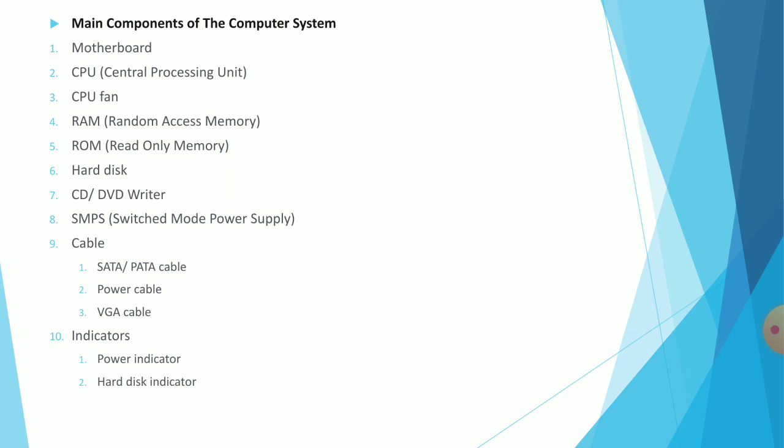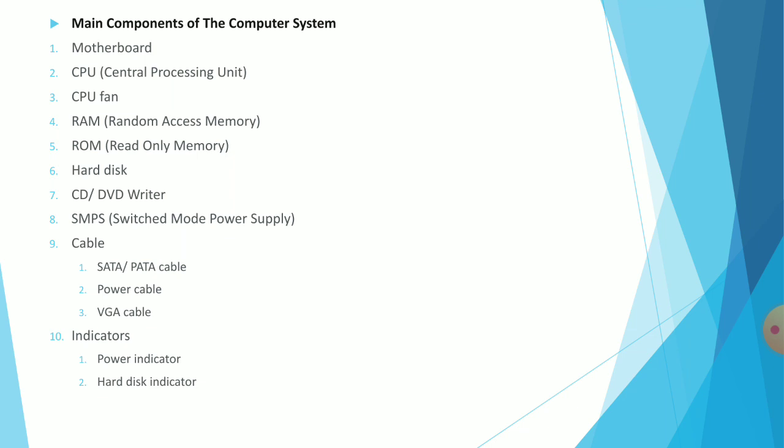So we have to convert it to DC current, or DC power, then we supply it to our computers. So before giving power to our motherboards, processor, or any device, first we convert it into DC power. So the SMPS will work as a converter, and it also reduces the voltage level.